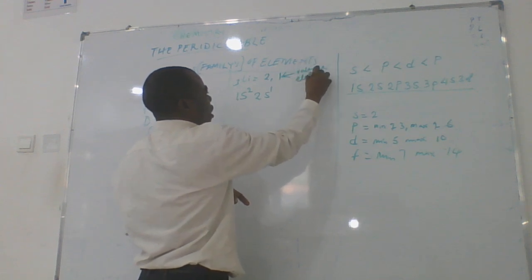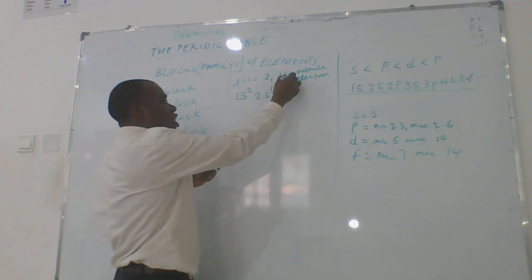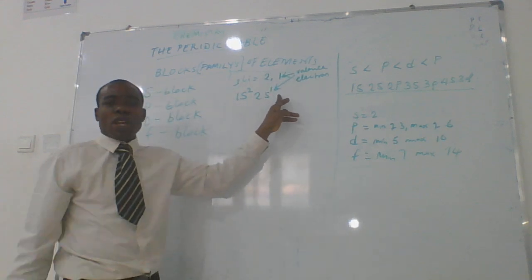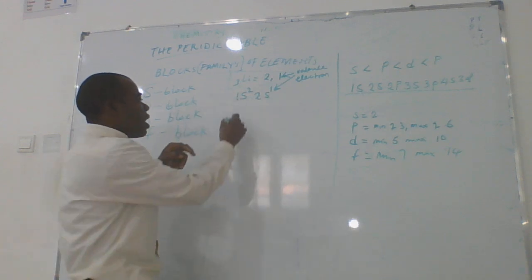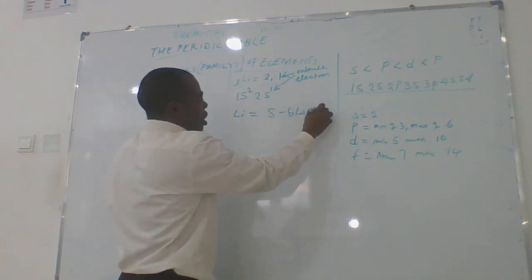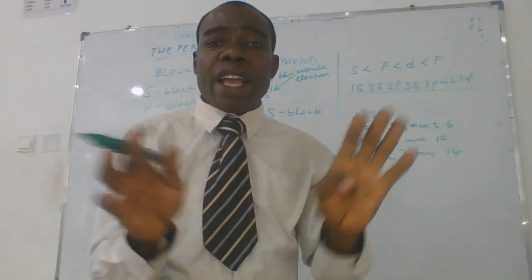So this is the valence electron, and the same valence electron falls on the s orbital here. Because it falls on the s orbital, we say lithium belongs to the s block.